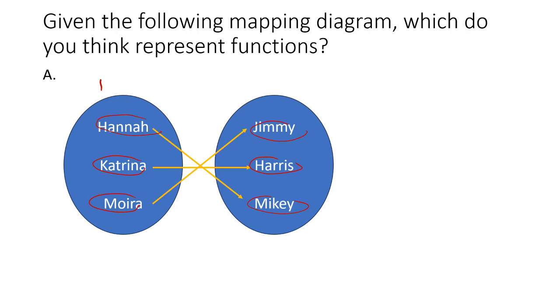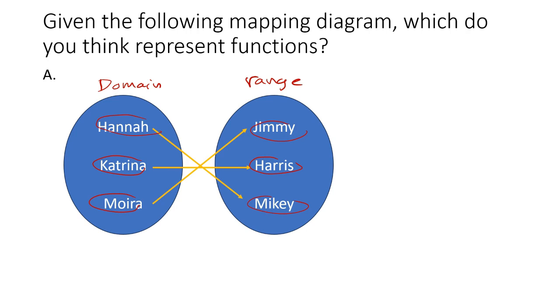So here in our domain, remember this is our domain and this one is our range. Under domain, no one is repeated. They all have one partner. Hannah has one partner, Katrina has one also, Moira has one.